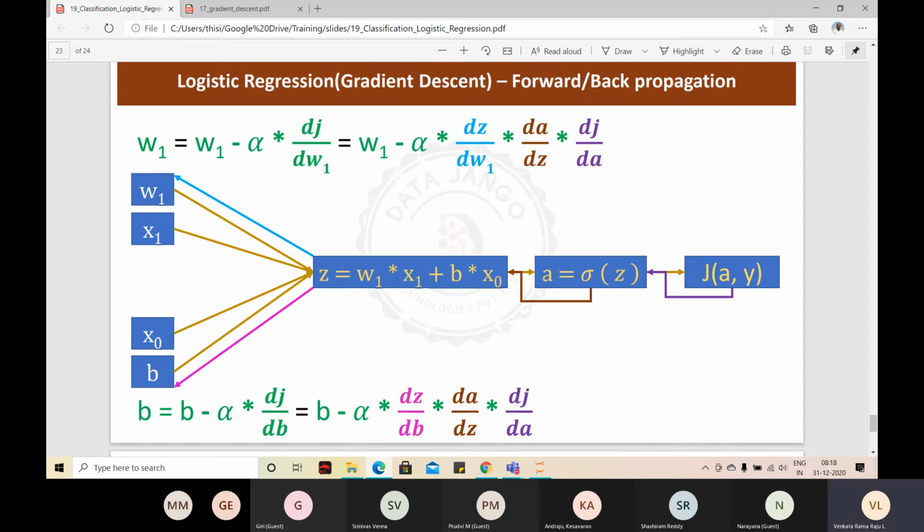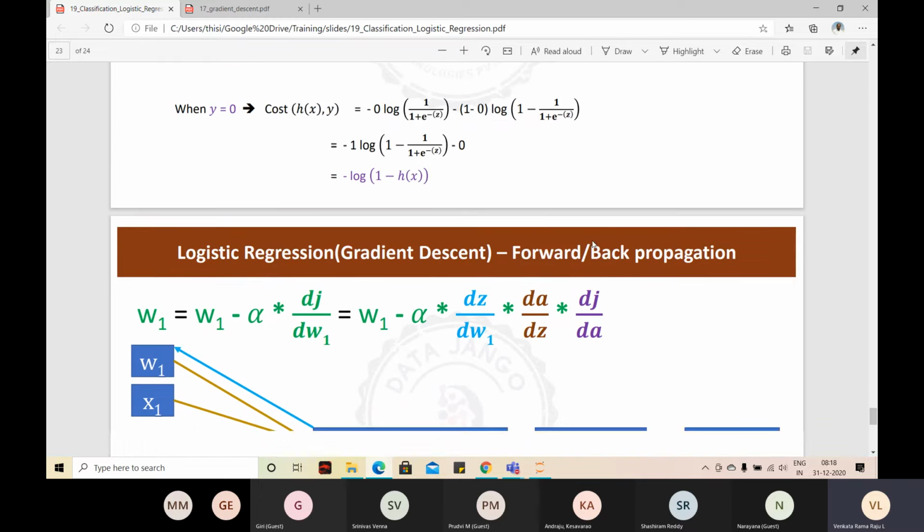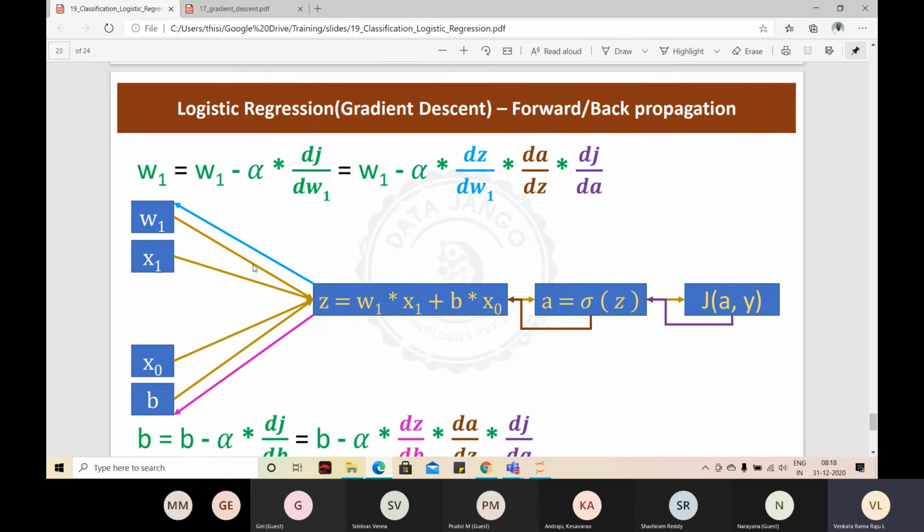That is going to be logistic regression, the logistic outcome A. And then the cost function is going to be the difference between A and Y. We would have found something with random W and B, and we are going to calculate the cost using this log loss function. That is called forward propagation.